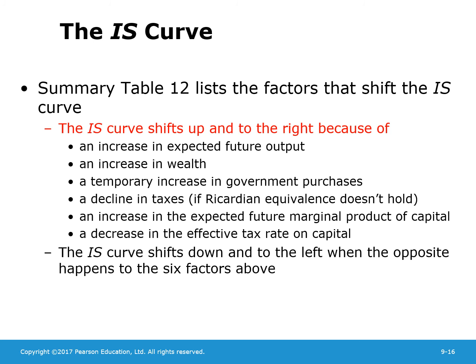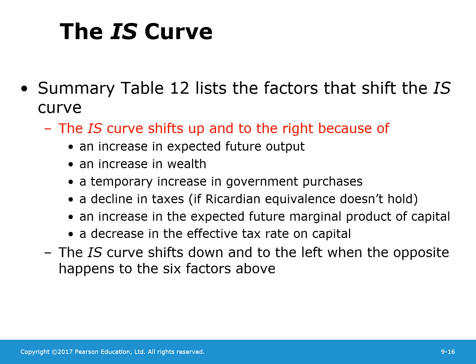As you saw in the figure of the increase in G, when we got an IS curve that's shifted up and to the right, it means that the real interest rate that clears the goods market increases. And we can represent this by two things: first, when the desired national saving is reduced relative to the desired investment, or second, when the aggregate demand increases. Any of these will lead to a shift of the IS curve up and to the right.